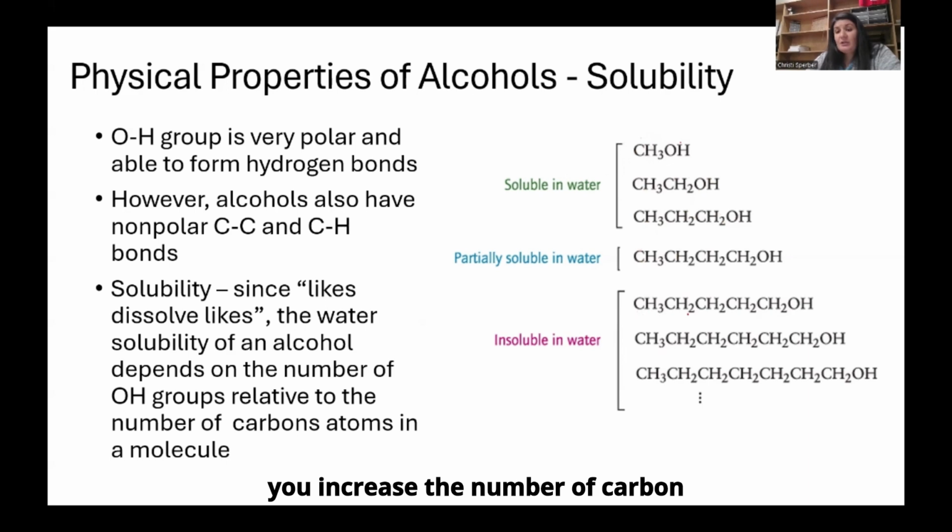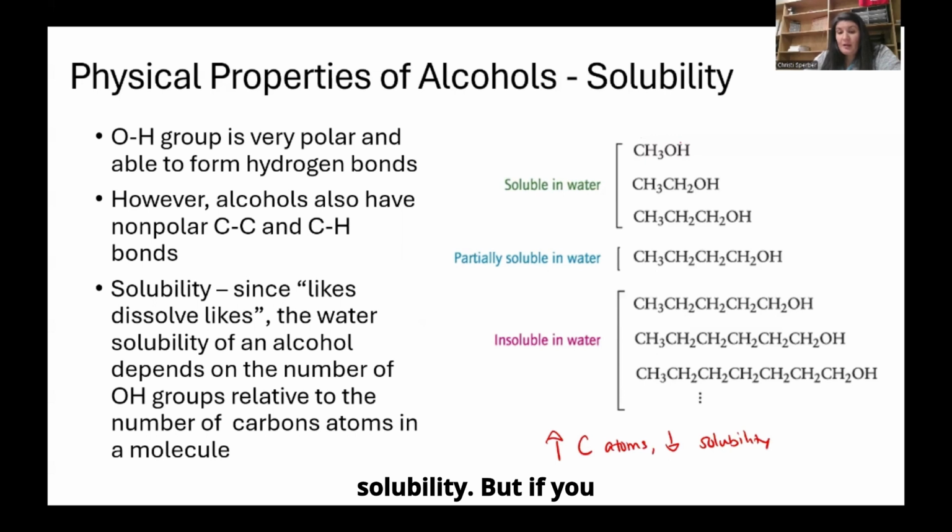But as you increase the number of carbon atoms, you decrease your solubility. If you increase your number of hydroxyl groups, you increase your solubility, because now you have more chances to hydrogen bond.